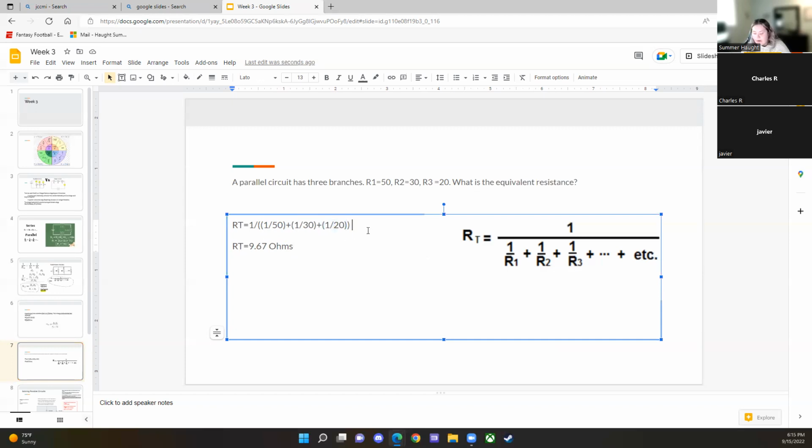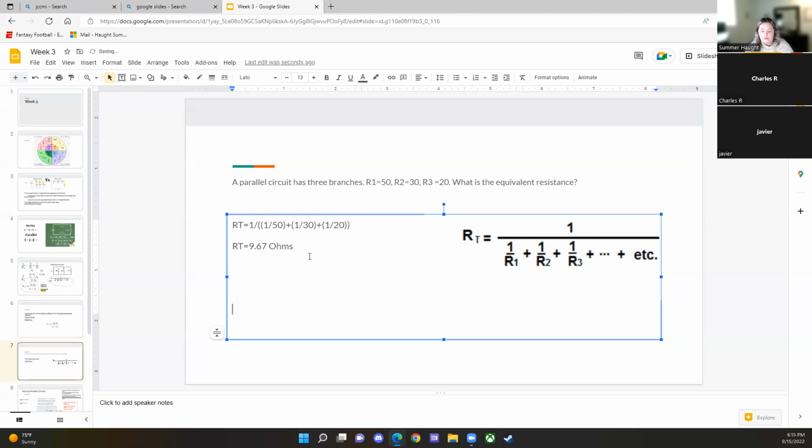What I would do first is figure out what all of those fractions are as decimals, because dealing with fractions is confusing and difficult to type into your calculator. So 1/R1, which is 1/50: 1 divided by 50 is 0.02.